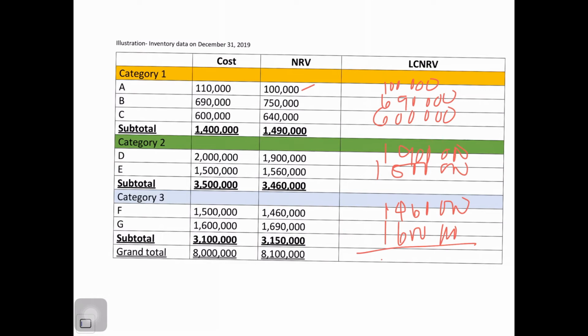So we have 7,850. Muna yung LCNRV din. Ato ang cost is 8 million man, guys. So this is million. 8 million minus 7,850. So it would be 150,000.